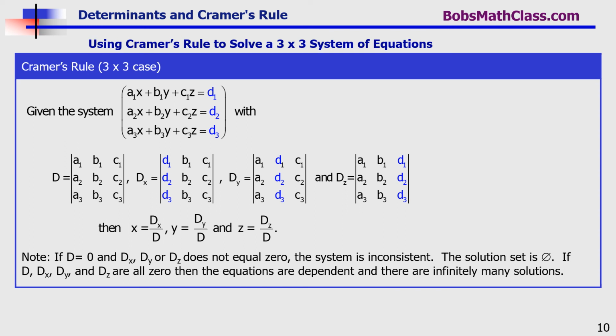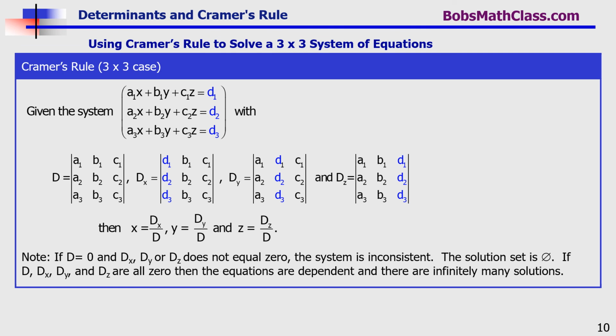Here we go. 3 variables, 3 unknowns, x, y, and z. It's very similar to the 2x2s that we just did. This time we have d, dx, dy, and dz. Again, notice the patterns. In d is the coefficients of x, y, and z. But those constants on the right, d1, d2, and d3, in dx, it replaces the x column.